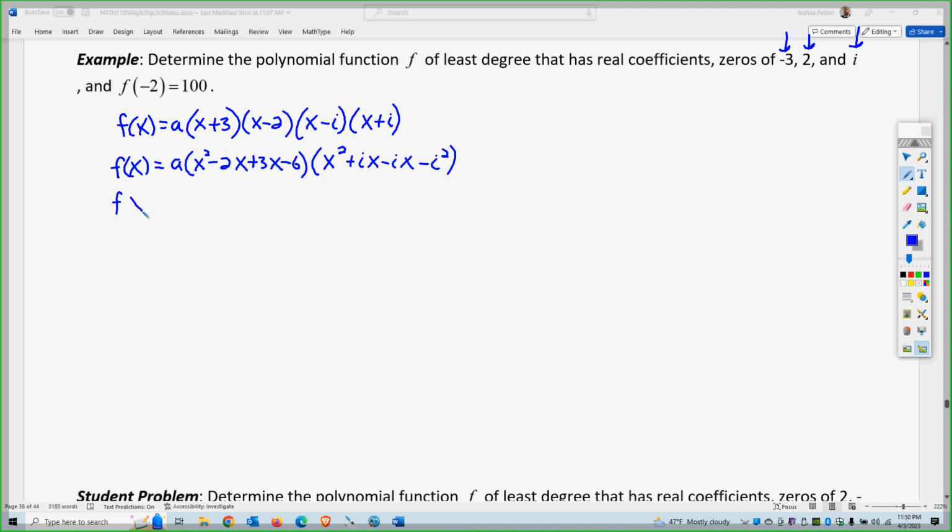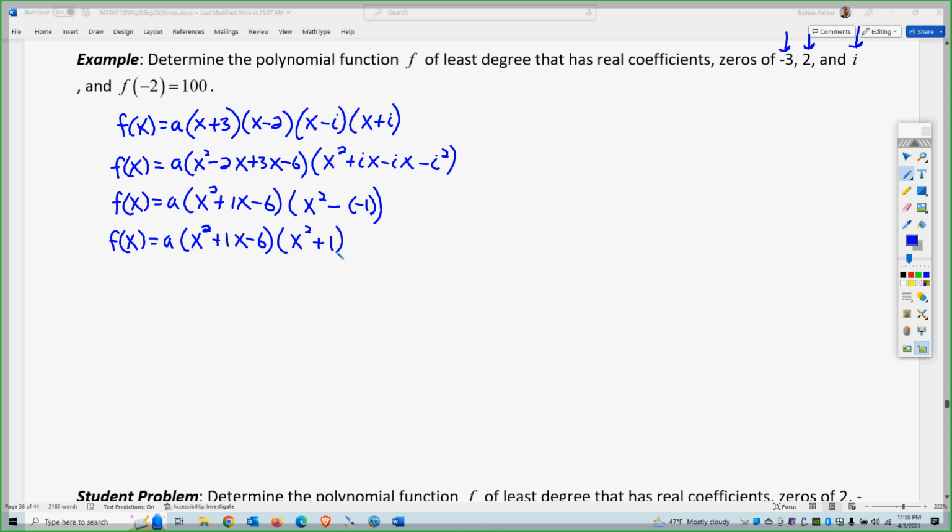So this is going to be minus negative 1, because i squared is negative 1, right? So f of x equals a, x squared plus 1x minus 6, and then x squared plus 1.